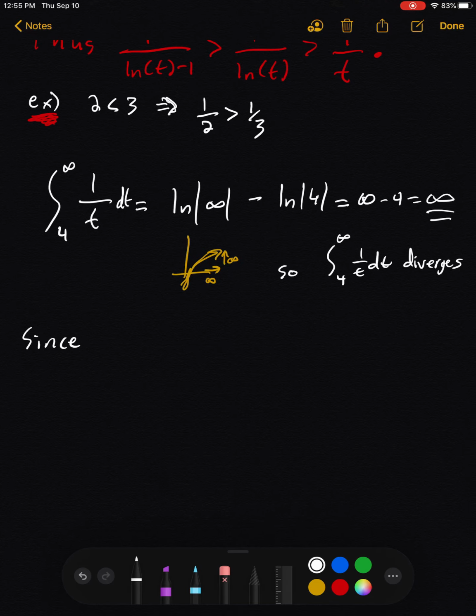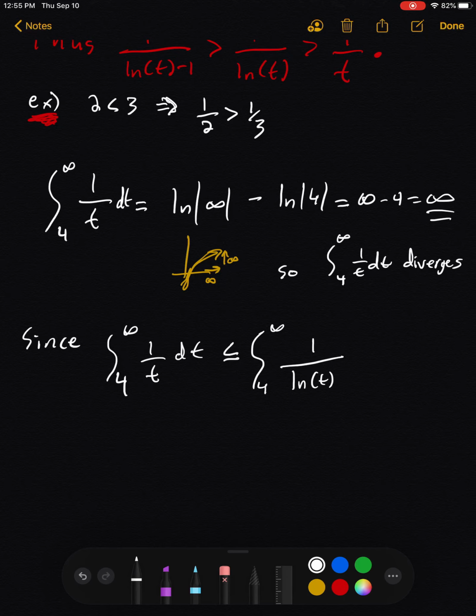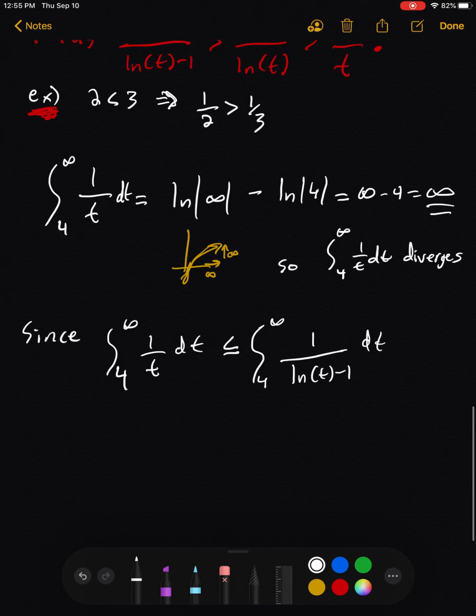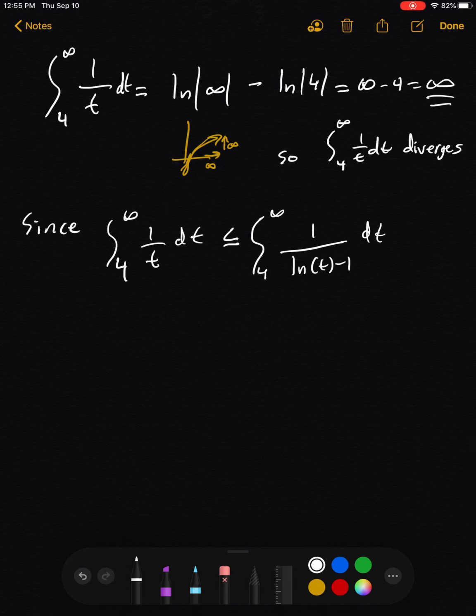So now let's put it all together, right? So since the integral from 4 to infinity of 1 over t dt is less than or equal to the integral from 4 to infinity of 1 over the natural log of t minus 1 dt, let's do it this way.